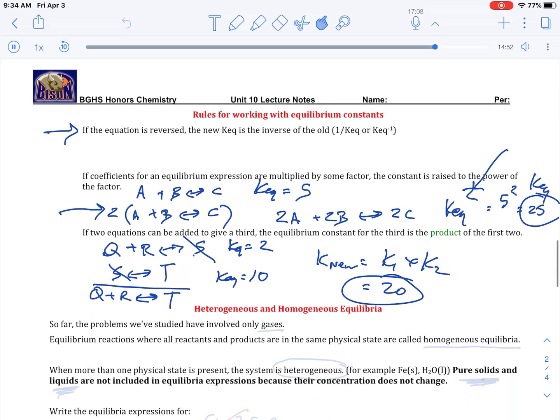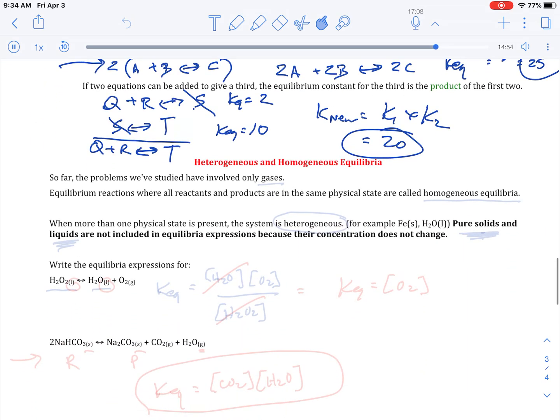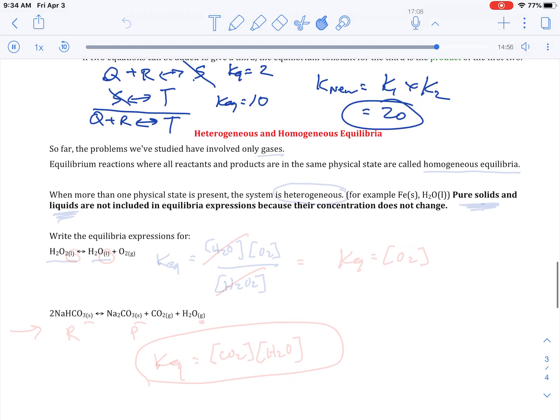All right, and the last concept. So far, all the equilibrium reactions we've looked at have been gases. So they've all been homogeneous equilibria because the state has been the same for all the reactants and all the products. Sometimes there are equilibria where you have different states.